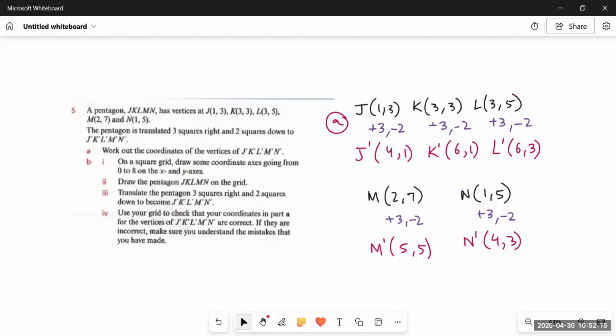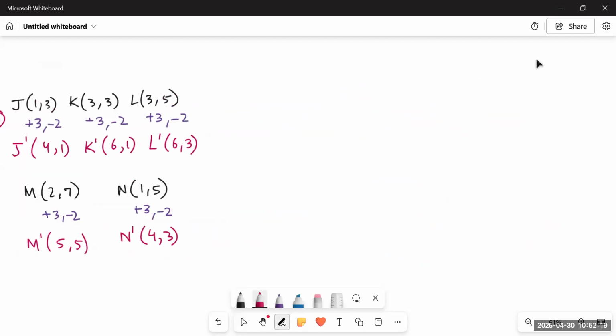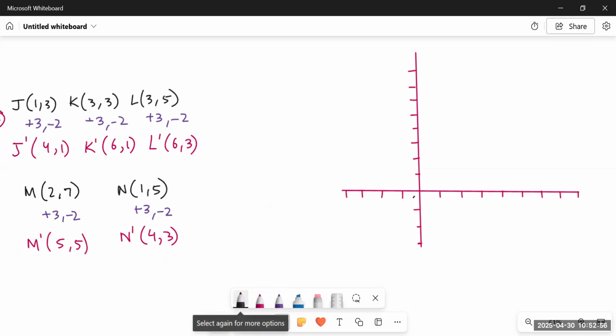So this is 0, the origin, then 1, 2, 3, 4, 5, 6, 7, 8 on the x-axis, and the y-axis as well, 1, 2, 3, 4, 5, 6, 7, 8.